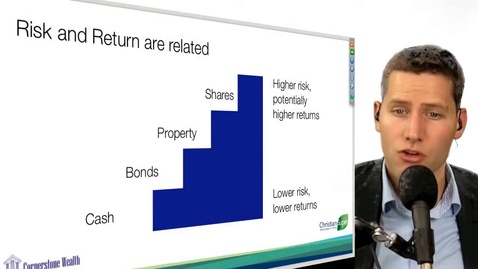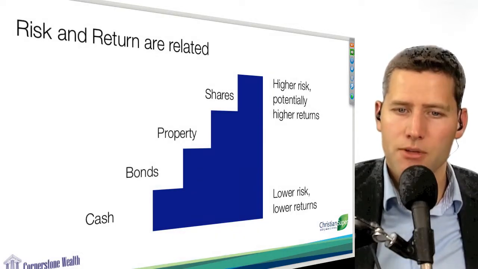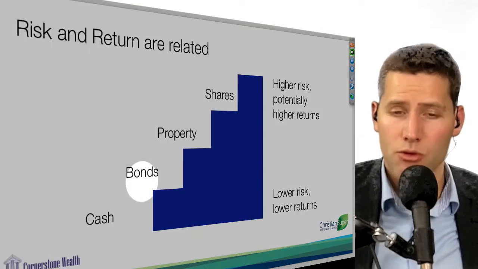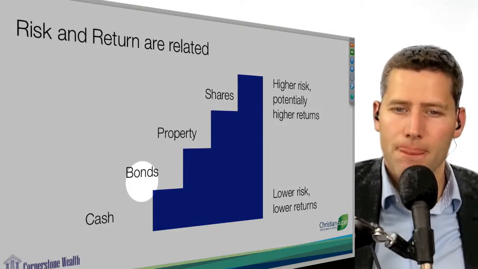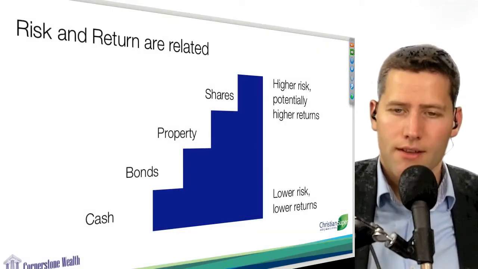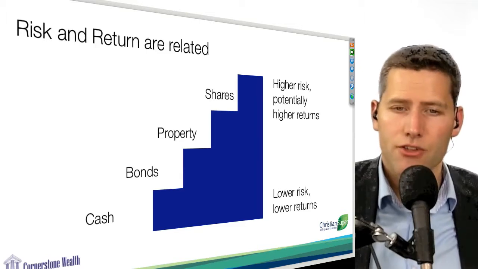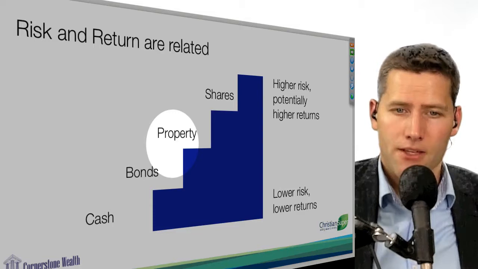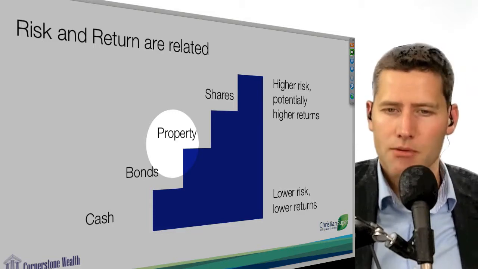But generally, over the long term, there's lower risk, but there's also lower returns as well. If you step up to bonds, there's a little bit more risk involved, and therefore potentially higher returns.